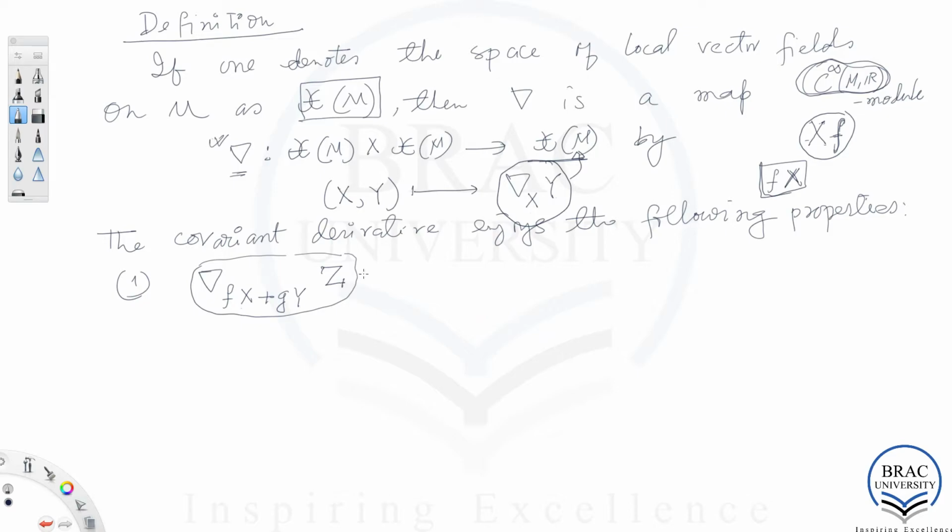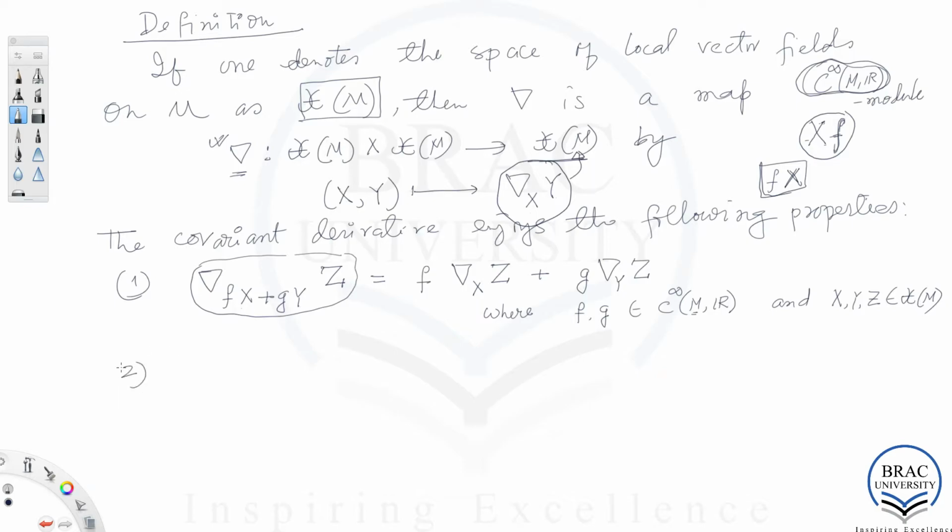And this is equal to f nabla_X Z plus g nabla_Y Z, where f and g are both real valued smooth functions on a manifold M, and these are three vector fields on the manifold.